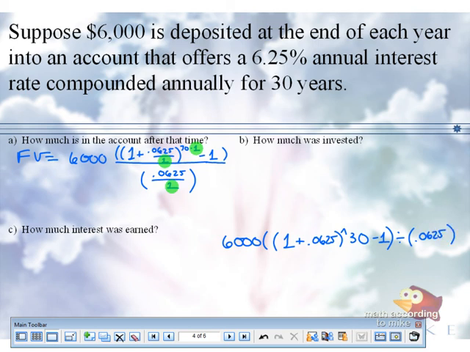Again, we're not writing the dividing and multiplying by 1. So if you would throw that into your calculator, carefully. I got $495,751.54.